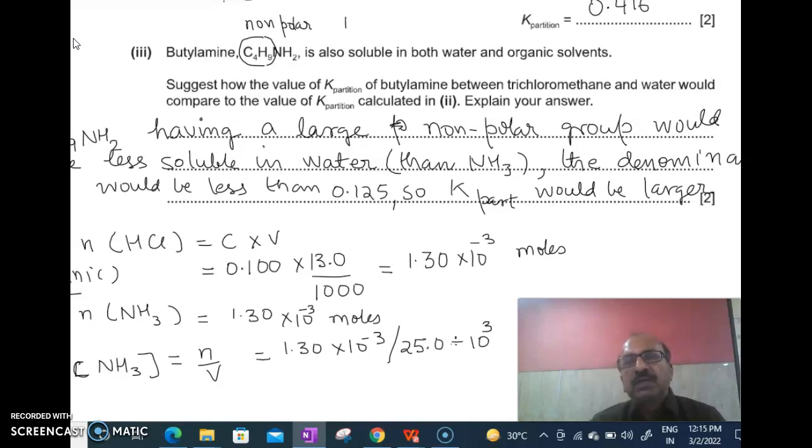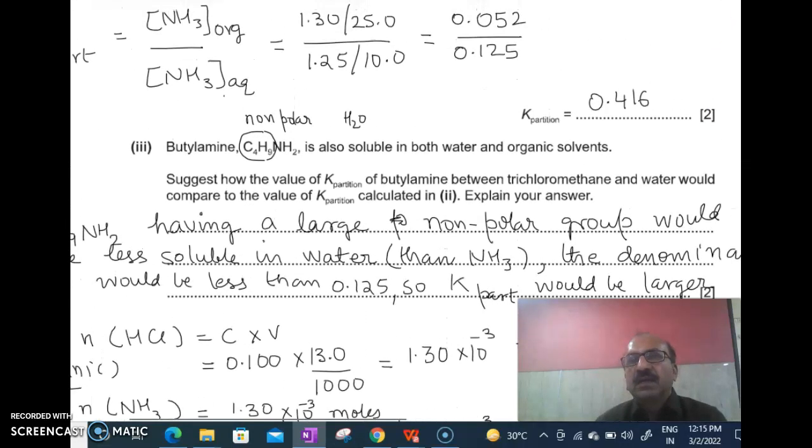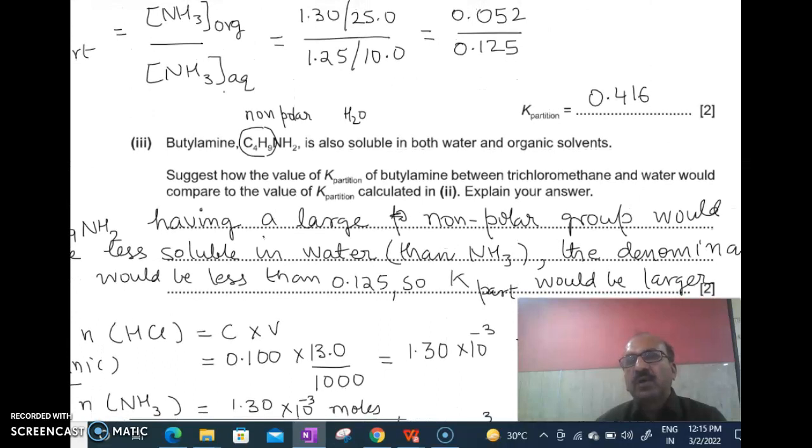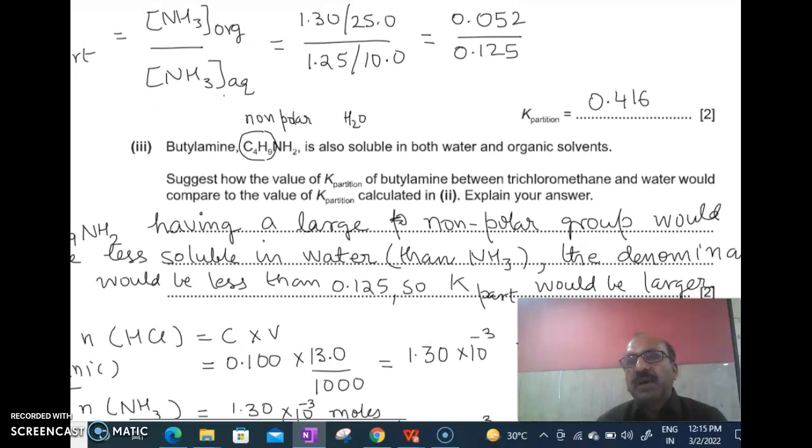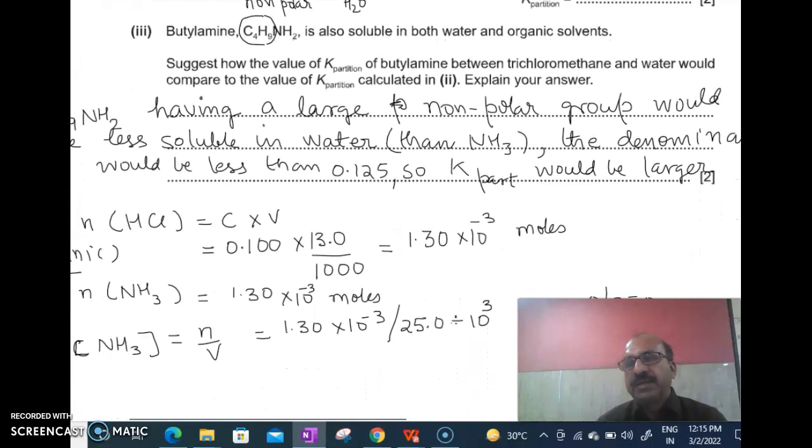Water is a polar solvent, so the solubility of butylamine in water would be less, so the concentration of butylamine in the aqueous layer would be less. In our calculation, the denominator, 0.125, would also become less, so the partition coefficient would increase.